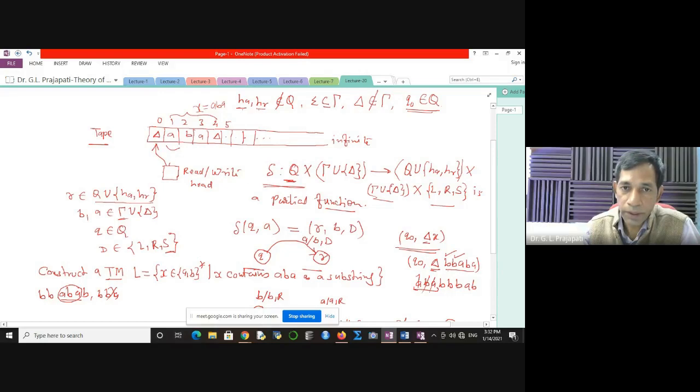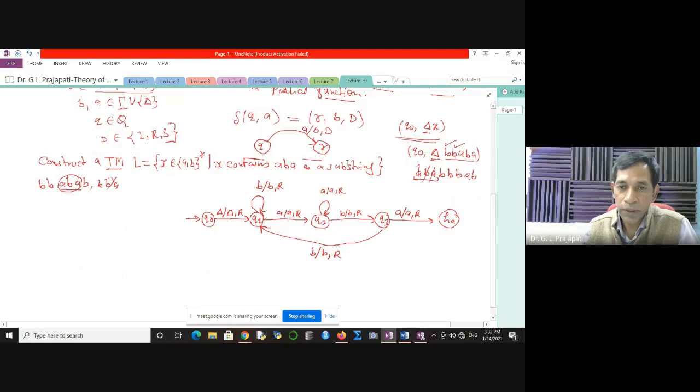So HA and HR are not in the Q, and you have defined the transitions for the states in the Q only. That's why once your machine decides explicitly that yes, the given input is in the language, it goes to the halt state, and once the machine goes to the halt state, whether it is HA or HR, further moves are not possible.